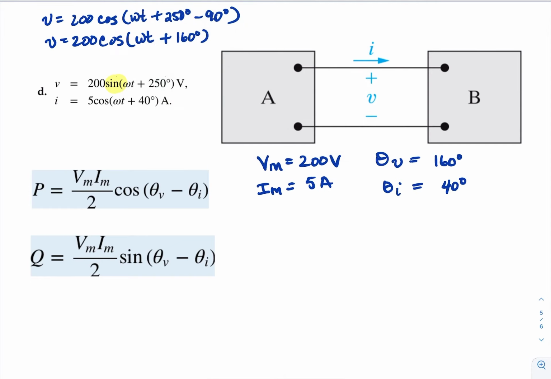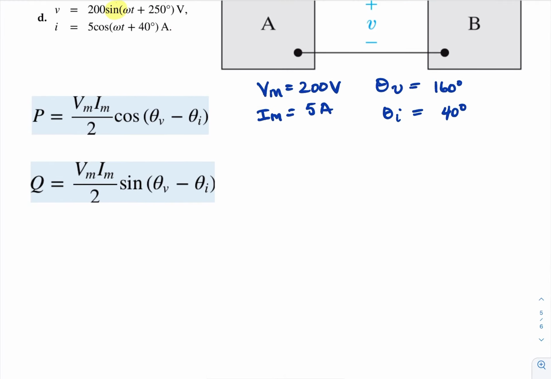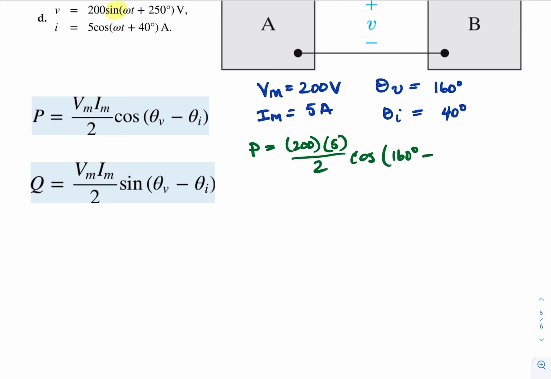So let's find our average power P. P is equal to V sub m, which is 200, times I sub m, which is 5, divided by 2, times cosine of theta sub v, which is 160 degrees, minus theta sub I, which is 40 degrees.